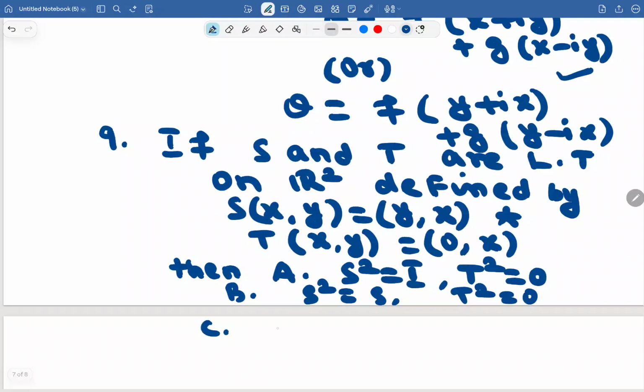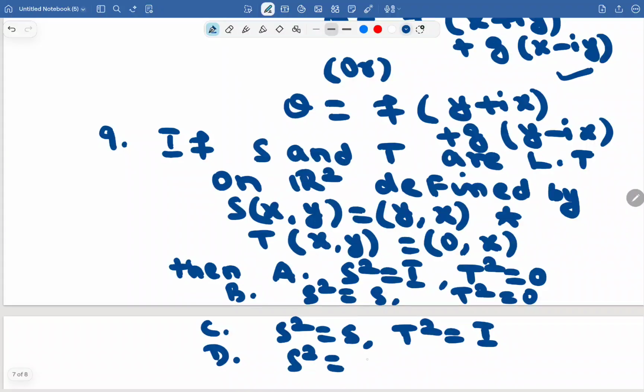Option C, S square equal to S, T square equal to I. Option D, S square equal to I, T square which is equal to I.